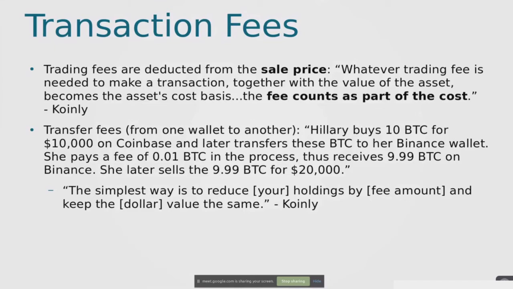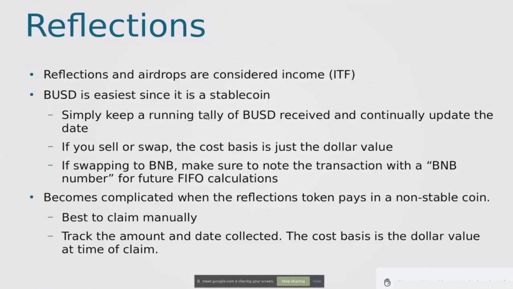The simplest way is to reduce your holdings by the fee amount and keep the dollar value the same. So even if she received 10, she would track it as 9.99 and keep the same $10,000 cost basis. That's a little tricky, and I do suggest at the end, where I post links, that people read all those links on their own, just to fill in some of the blanks of what I'm talking about.